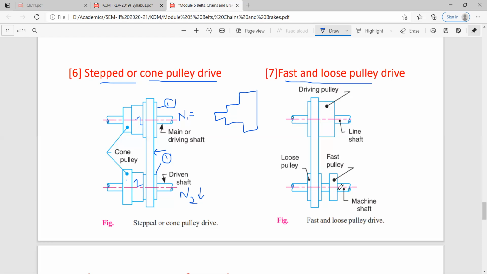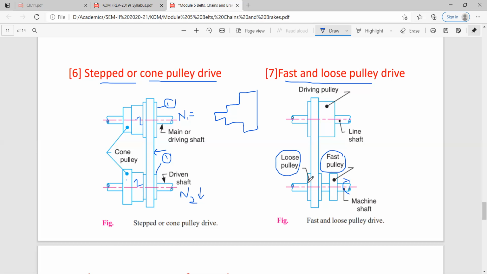Now on this machine shaft, two pulleys are mounted. One is called the loose pulley and one is called the fast pulley. Fast means it is fastened with the shaft. You have connected this pulley to the shaft, so when the driving shaft rotates, this pulley will also rotate because it is mechanically connected with the machine shaft.